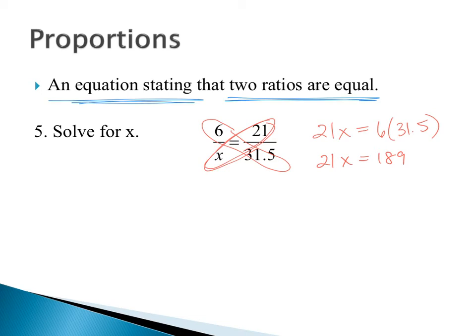So I have 21x equals 189. Divide by 21. These will cancel out, and x equals, it's actually a nice number, it's 9. Now, we don't have to plug it back in anywhere, it just says solve for x, and we did that, so we're done.